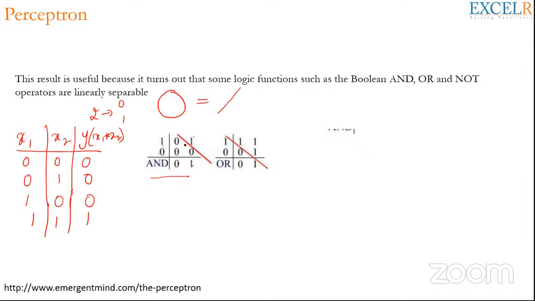I have to divide this feature space such that the regions are pure. With this one single line, I can comfortably divide this feature space into two regions, and this is a pure region, this is also a pure region. Similarly for the OR gate also, I can comfortably divide this into two regions. So far, so good.